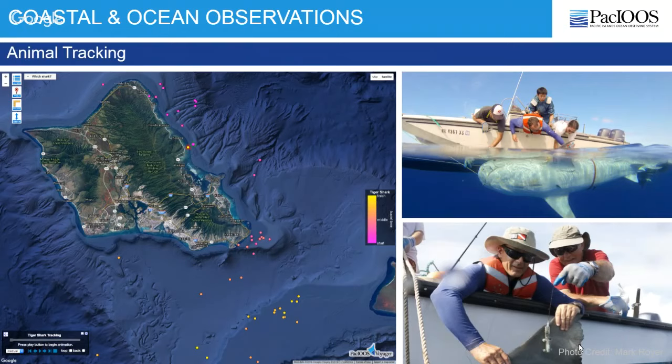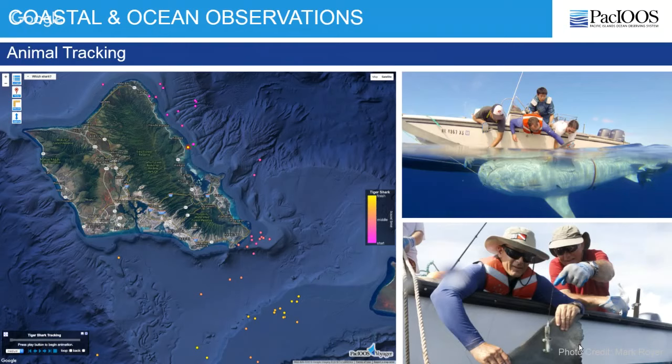The initial request came up because around 2014 and 2015 there were a lot of encounters in Maui, and there was a question of why they're always in that area. But if you don't have any data, you can't really prove or disprove anything.